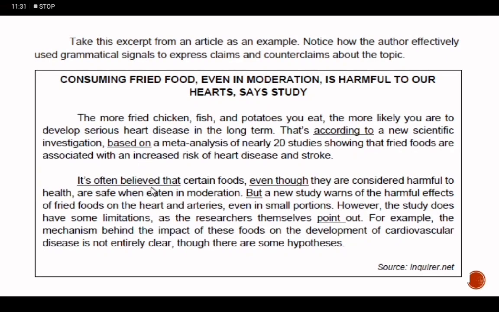It's often believed that, even though, here's another word but, which shows counterclaim, point, and this word show claim and counterclaims. So please always take note of the signal words that express claims and counterclaims.